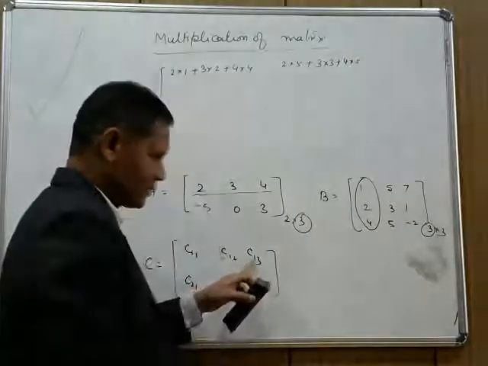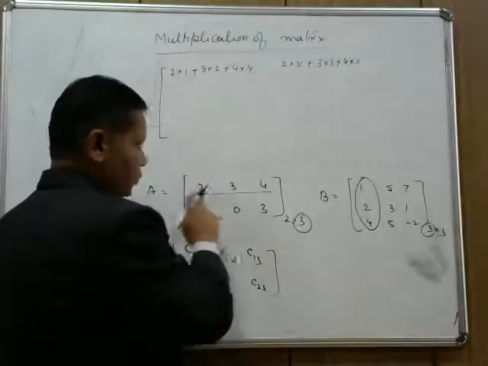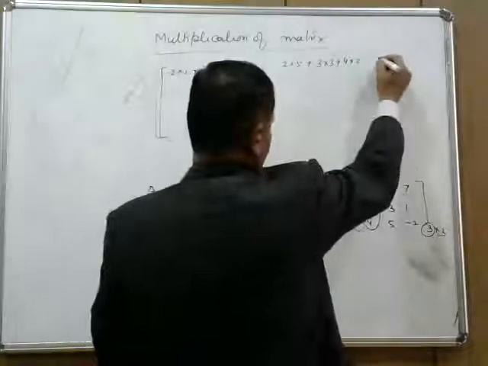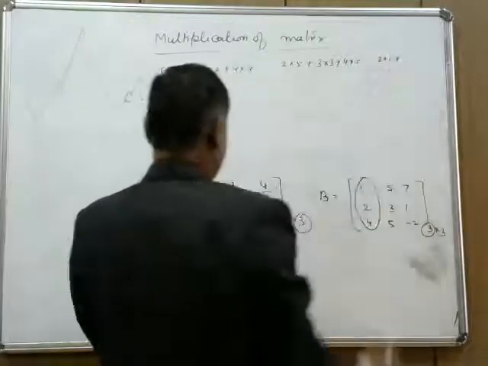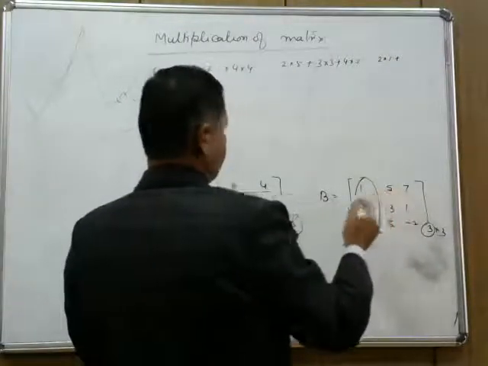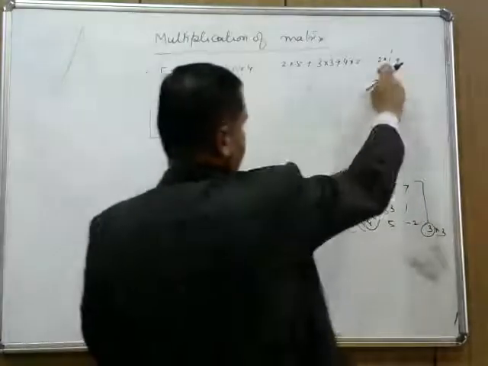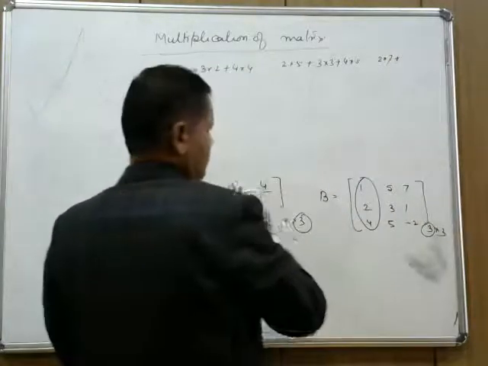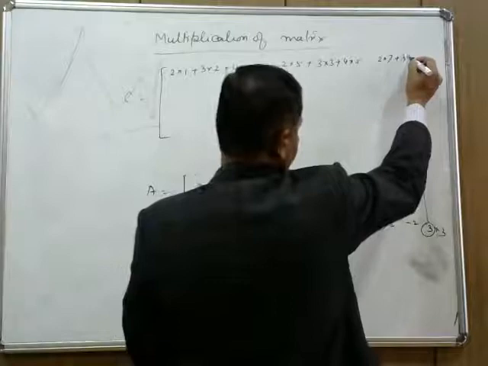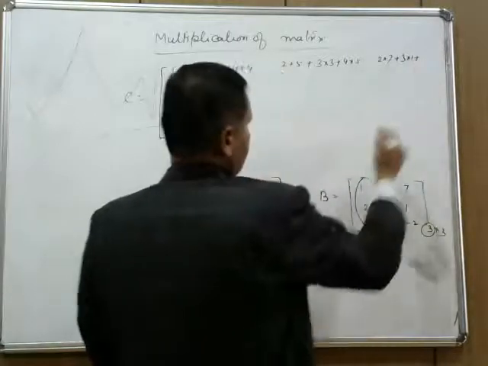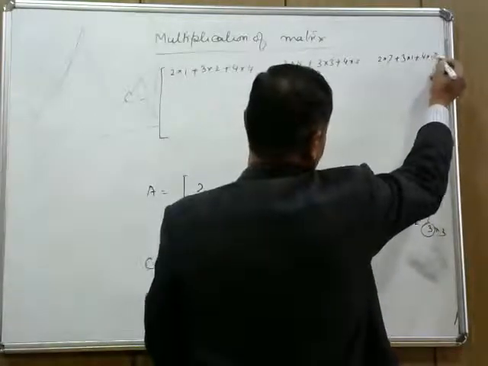Now the first row multiplied by the third column: 2 multiplied by 7 plus 3 multiplied by 1 plus 4 multiplied by minus 2. Right.